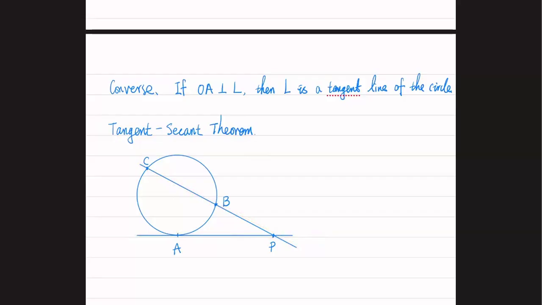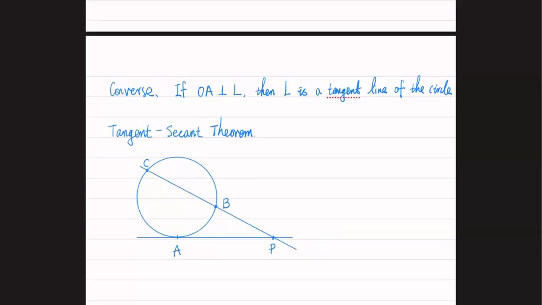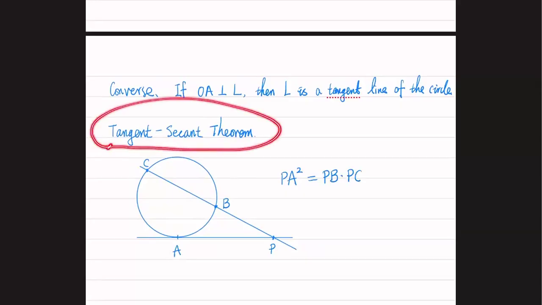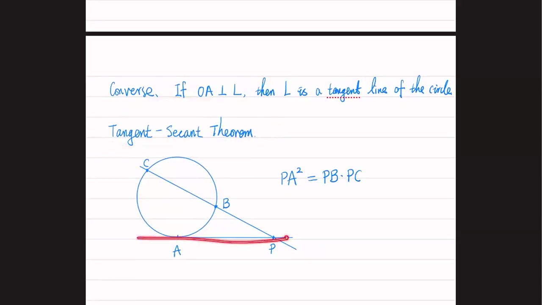Okay, so it tells us PA squared is the product PB and PC. Okay, so this is the tangent secant theorem. We have a tangent, we have a secant, then this square equals the product PB with PC.